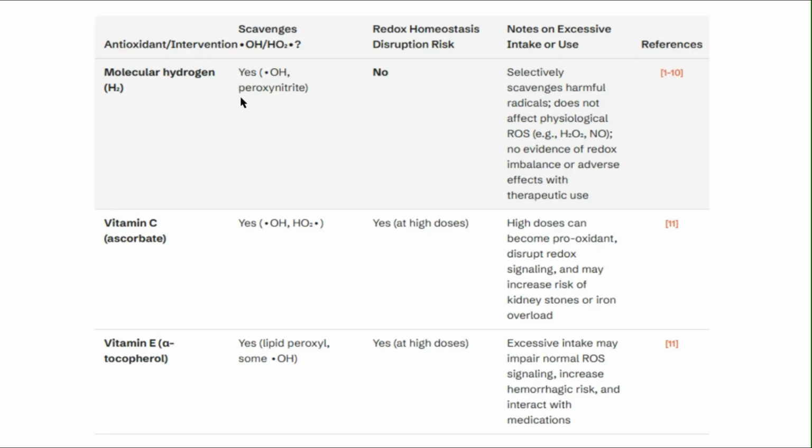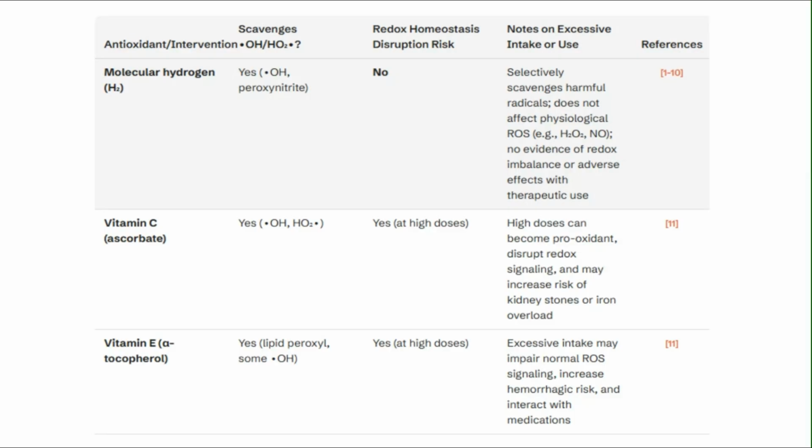And that is the perfect thing, because that's what we've been talking about: excessive hydroxyl radicals and peroxynitrate causing a lot of the problems, right? So does it disrupt redox homeostasis? The studies show that it doesn't. It selectively scavenges hydroxyl radicals and peroxynitrates, and it does not scavenge nitric oxide.